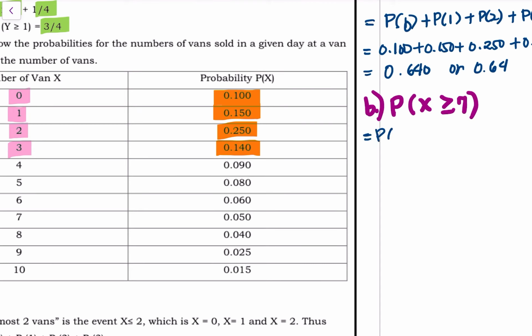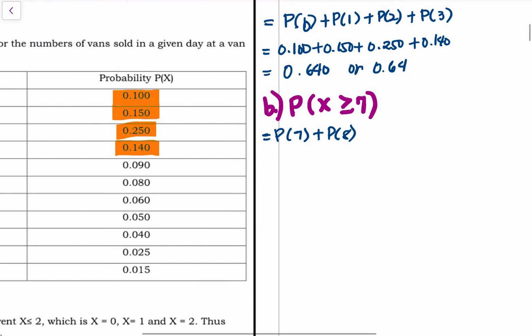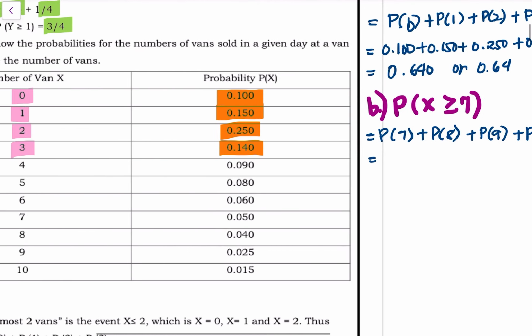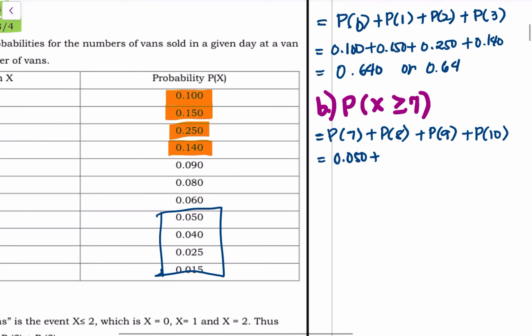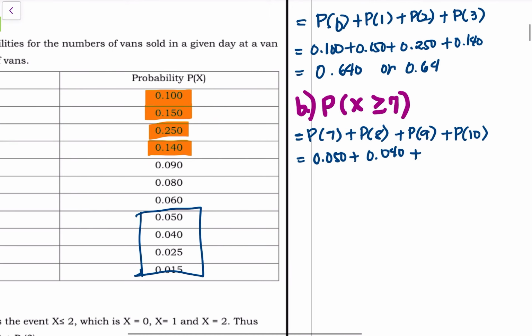We have probability of 7 plus probability of 8 plus probability of 9 plus probability of 10. So, for the probability of 7 hanggang 10, we have 0.050 plus 0.040 plus 0.025 plus 0.015.